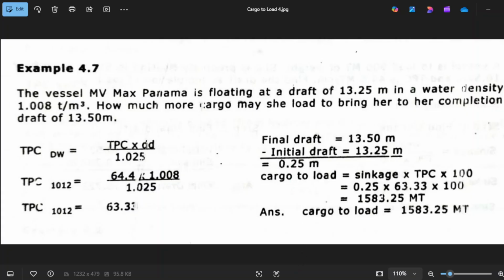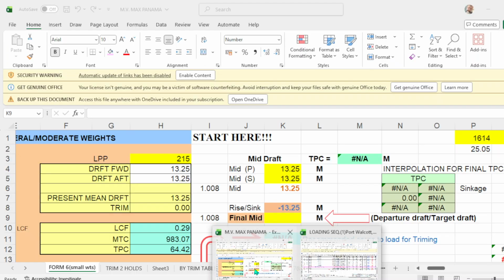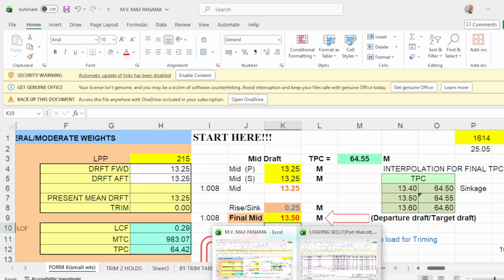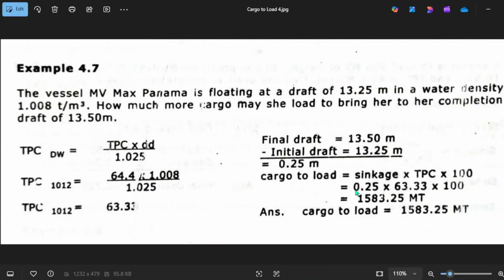So what we do, you put here 13.50, your departure draft. You press enter and your departure draft is 13.50 and your sinkage is 0.25, which is this one, 0.25, okay?